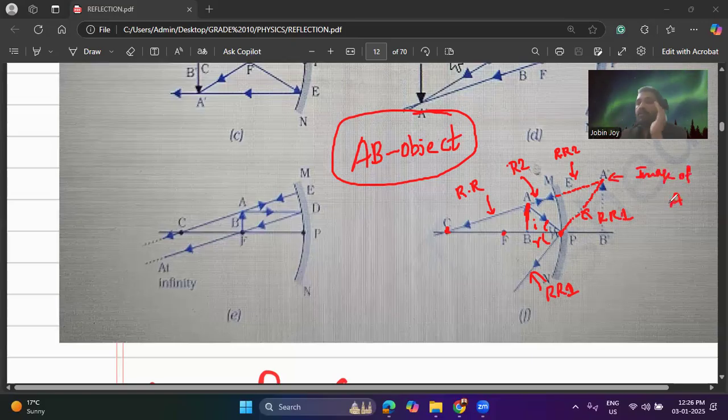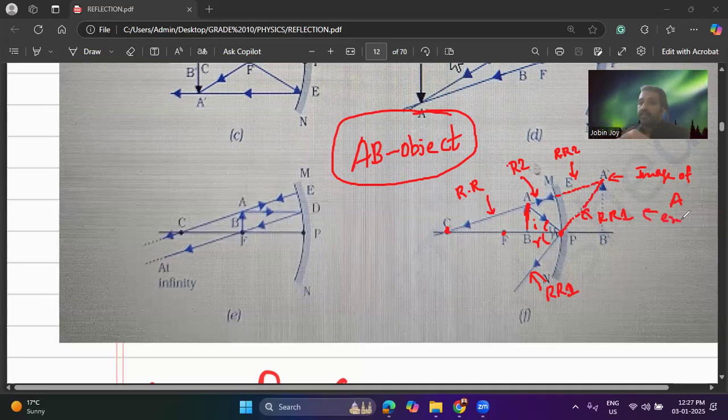So now the image will be behind the mirror. That's why this is called a virtual, not real. But in the other 5 cases, the image will be in front of the mirror. That's why that is called a real image. Here, the image is virtual because the image is behind the mirror. And again, this is not inverted.